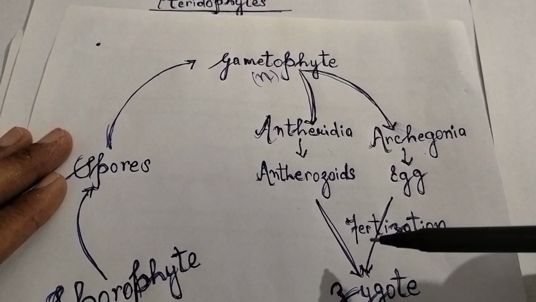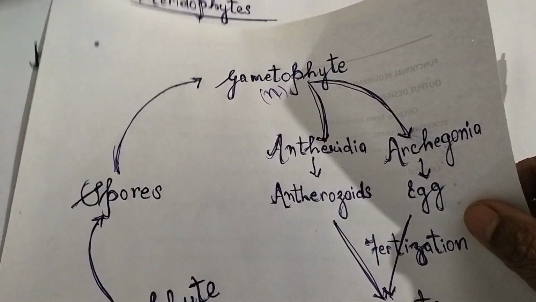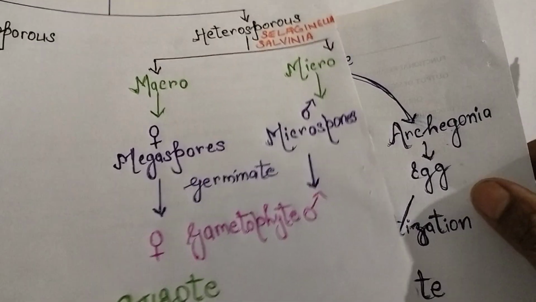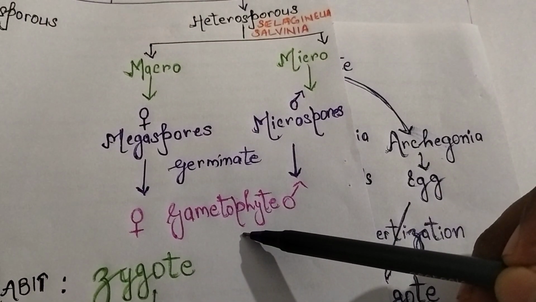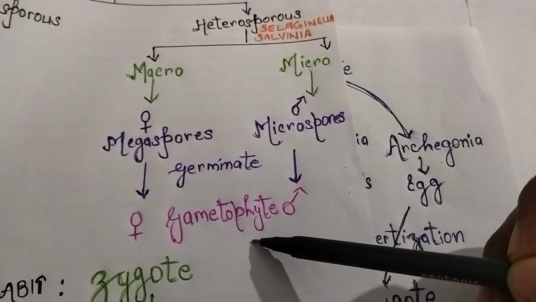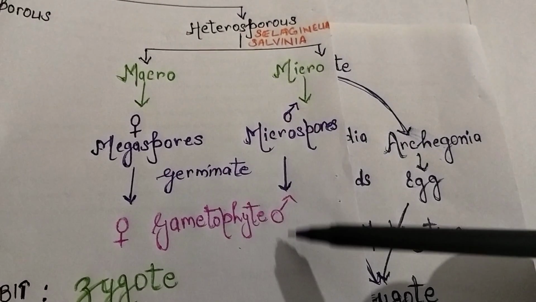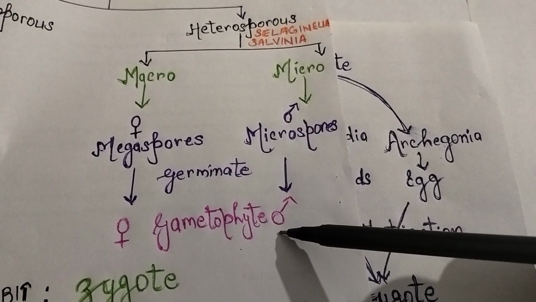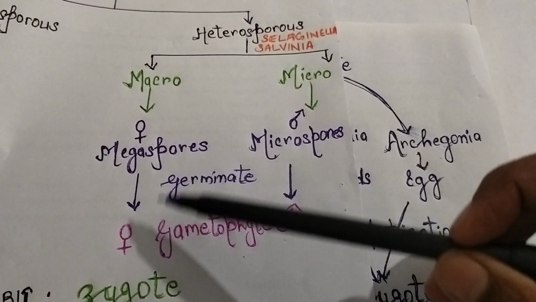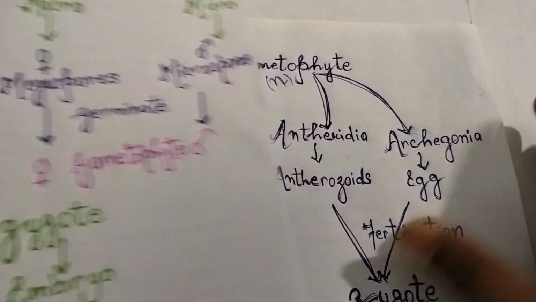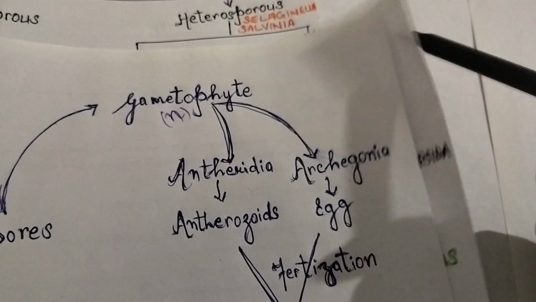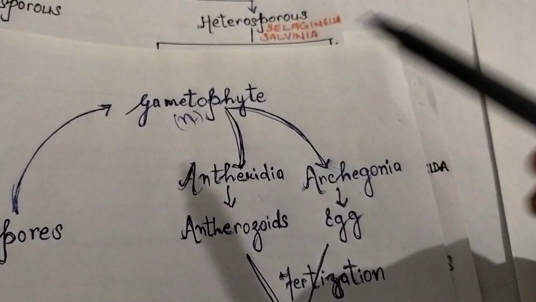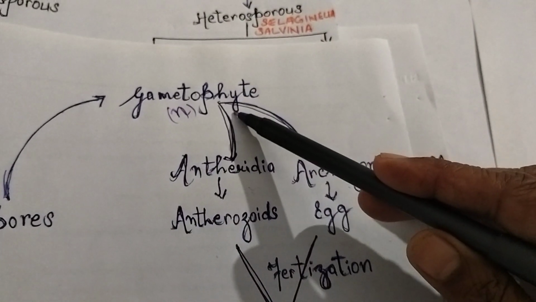But in the heterosporous condition, what will happen? There will be a different male gametophyte and a different female gametophyte. Why? Because the microspore will germinate to form the male gametophyte and the megaspore will germinate to form the female gametophyte. So here we have two kinds, homosporous and heterosporous, according to which their gametophytes will be there.